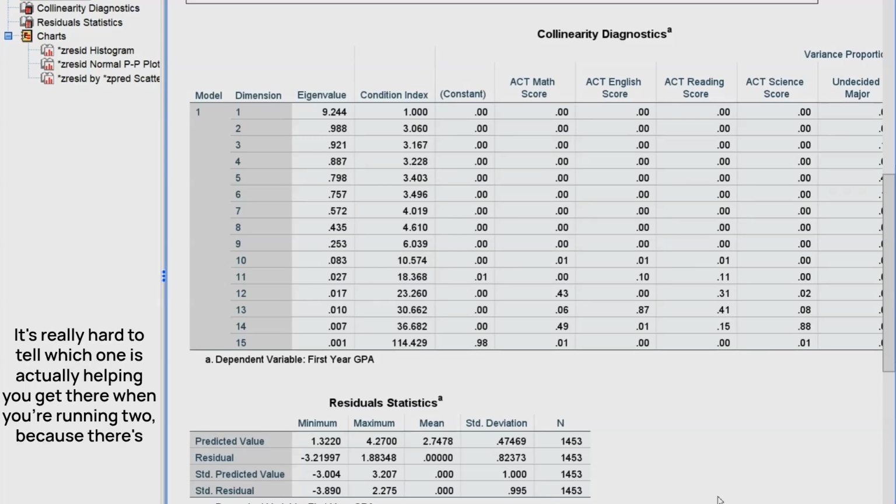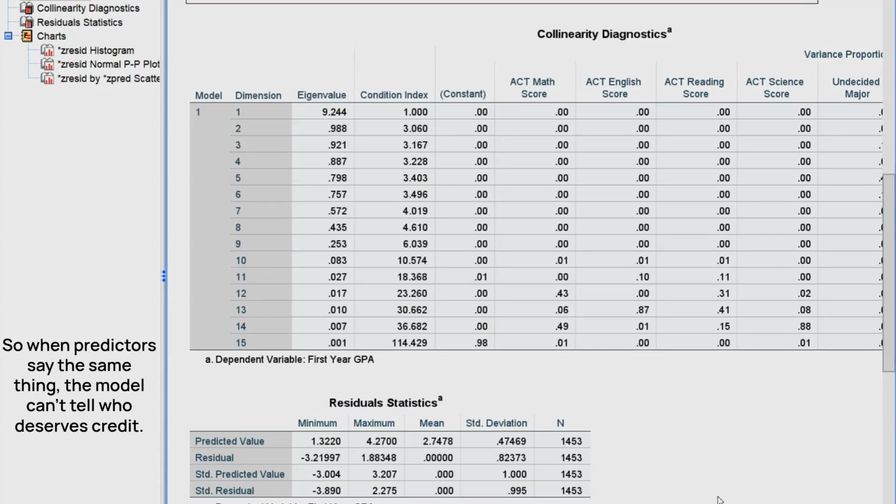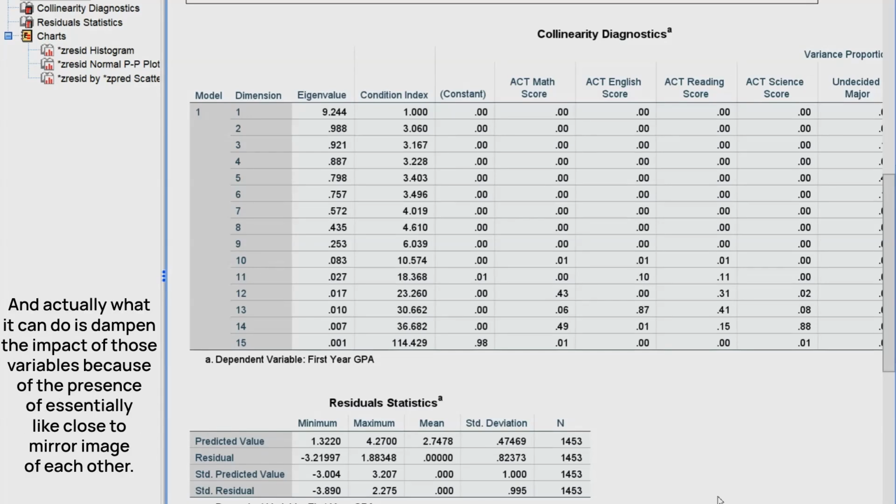It's really hard to tell which one is actually helping you get there when you're running two, because there's too much overlap. You can't really tell which one's doing the actual work for all intents and purposes. So when predictors say the same thing, the model can't tell who deserves credit. What it can do is dampen the impact of those variables because of the presence of essentially a close to mirror image of each other.